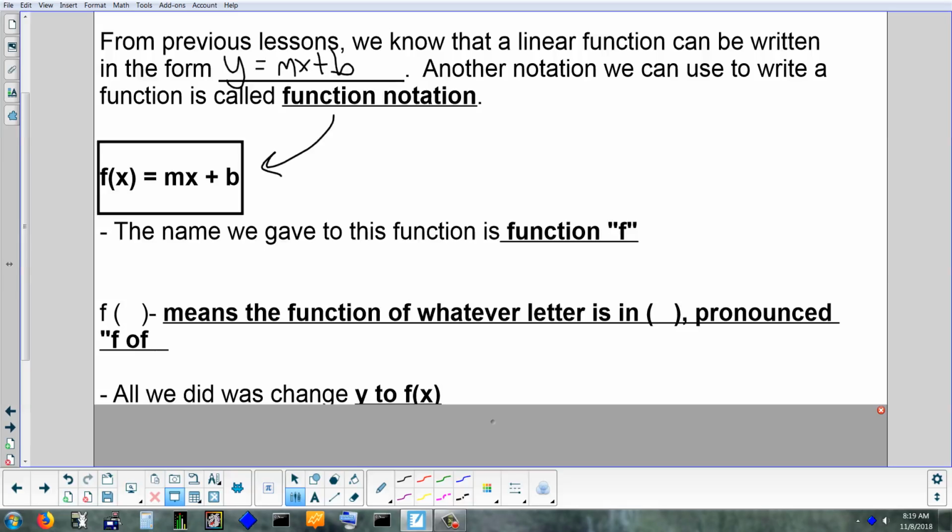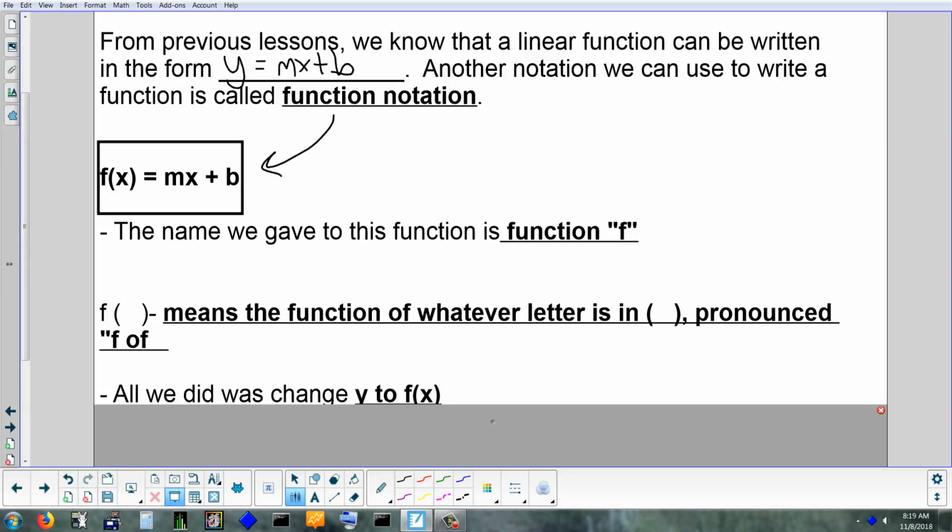Like Mr. Hager said, it doesn't mean multiplication. Yusuf? Is fx kind of easier than mx? It means the same thing, basically. Some people will write it this way. You'll see it this way sometimes, but it means the same exact thing. The f of x, or whatever letter you have of x, means the same thing as y. If I graph this, it's still going to give me a straight line.